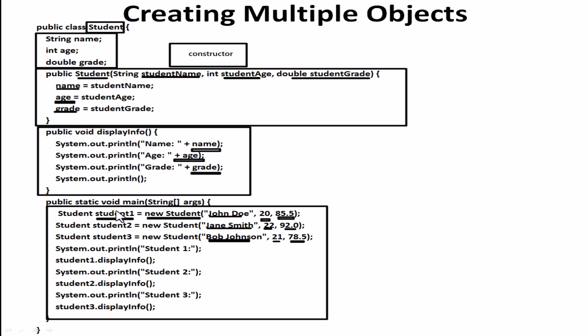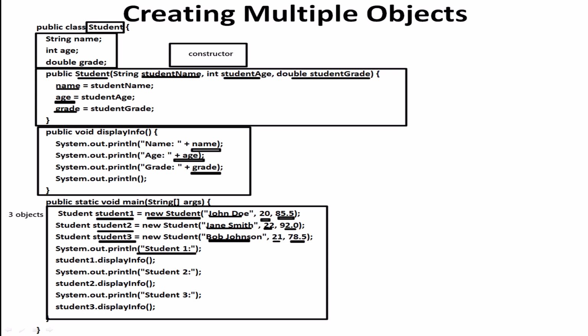Now student1, student2, student3 are the three objects which we have created. Next, what we are doing is we are going to print the student1 information. Where is it going to go?